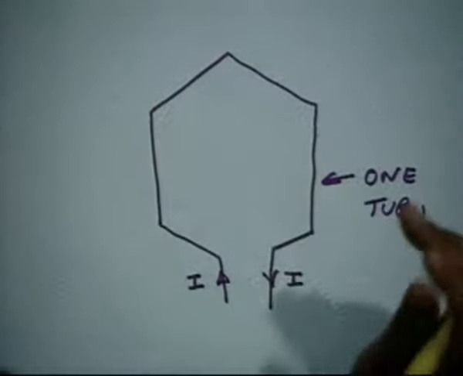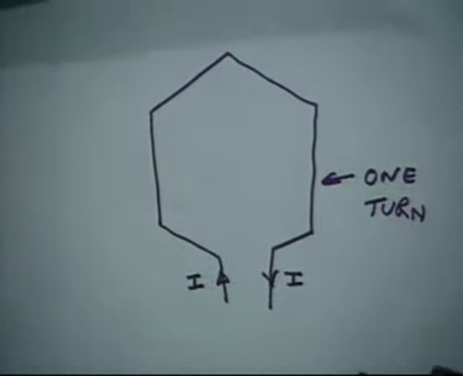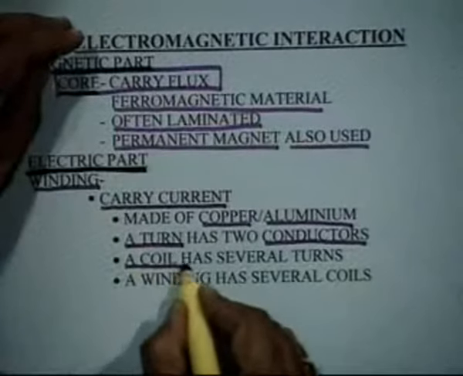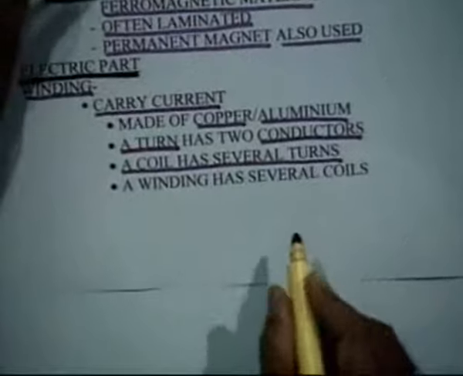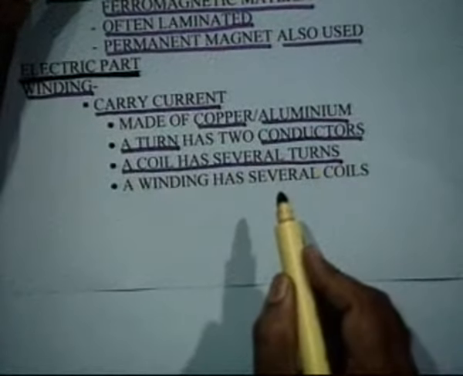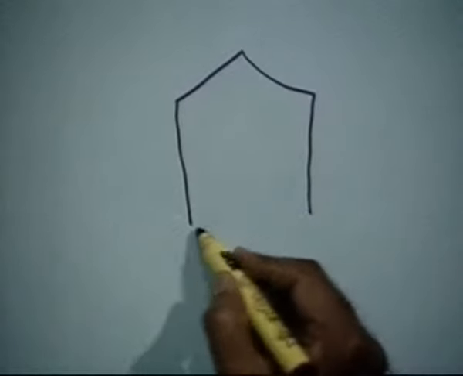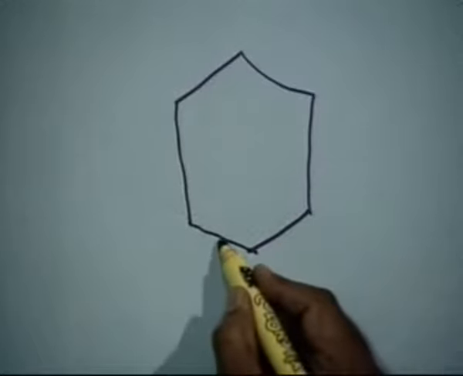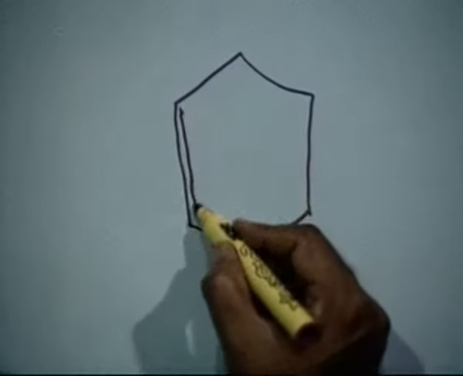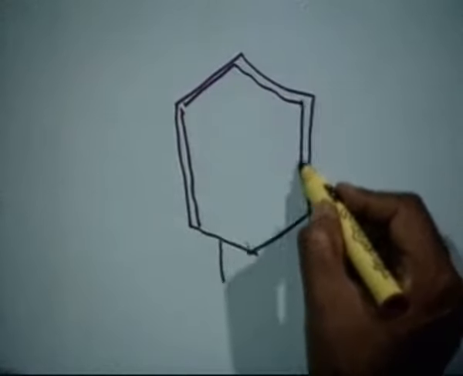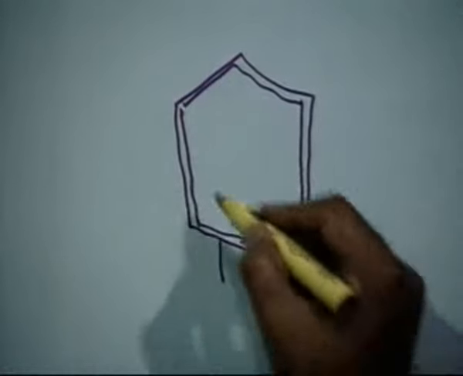Then next, you make a coil out of these turns. How do you make a coil out of these turns? A coil has several turns. So you have one turn, then you have two turns, like that, and you have several turns.